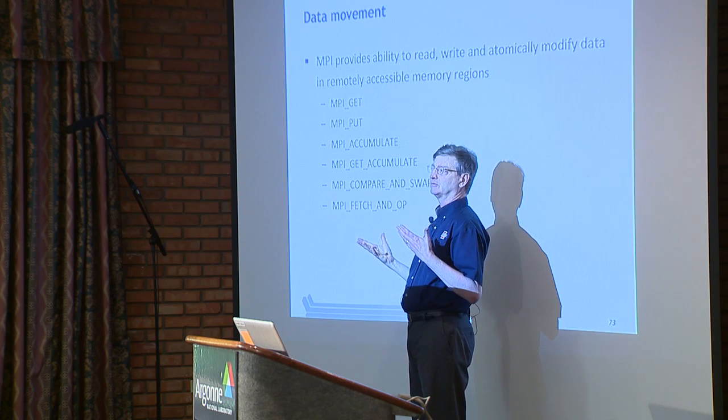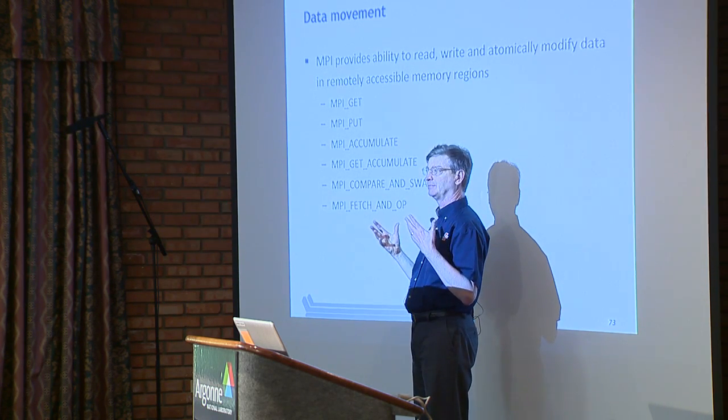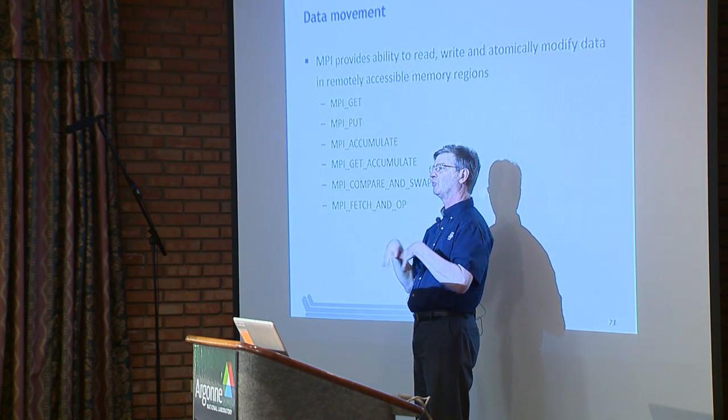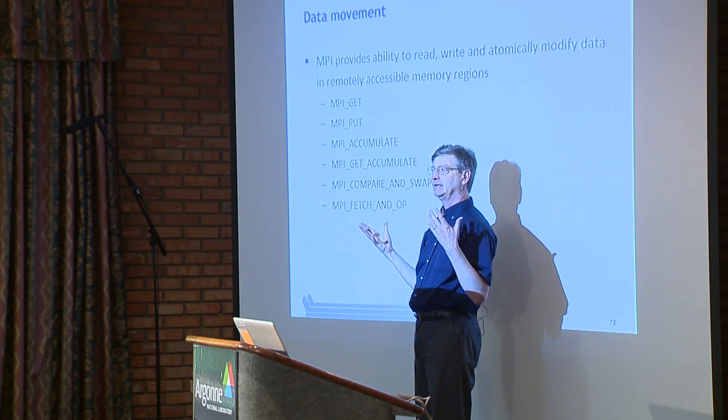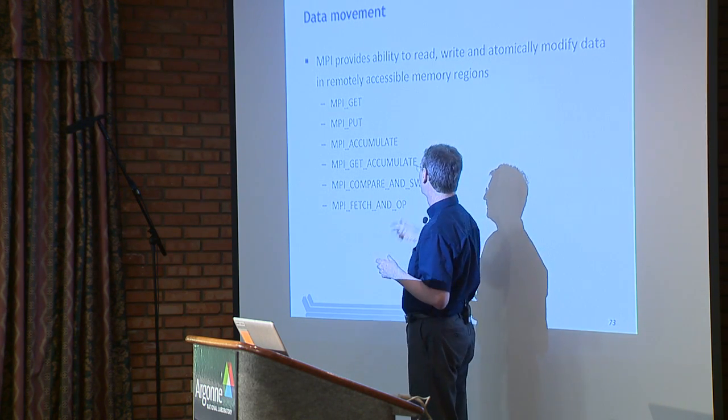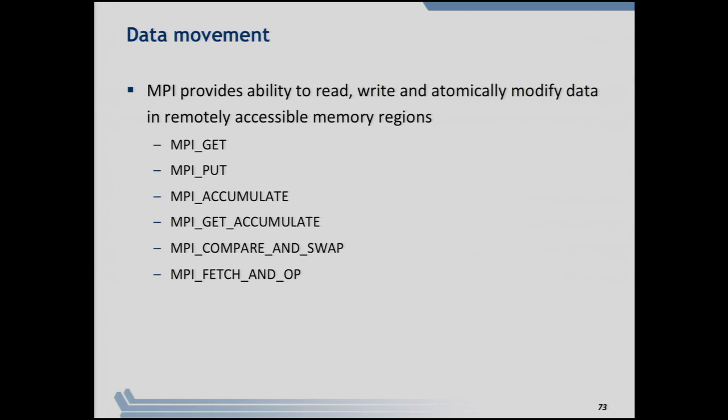There are a lot of interesting algorithms that require atomic updates, so more complex operations that have to be completed as a single unit. For example, compare and swap is where you compare 2 values and you make a swap if the comparison is true, otherwise you don't.